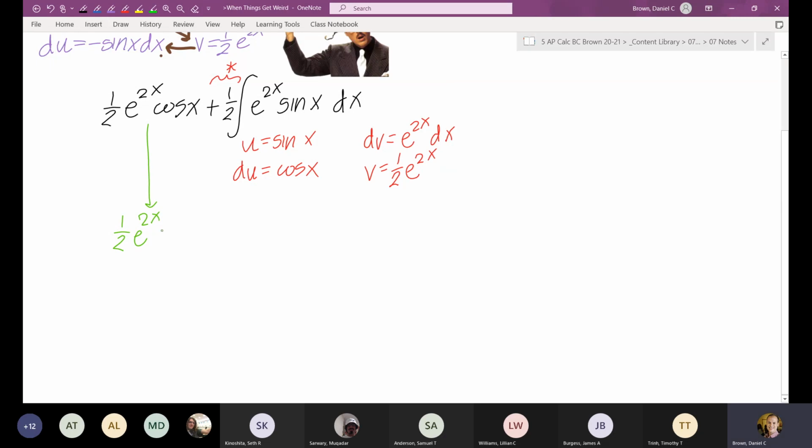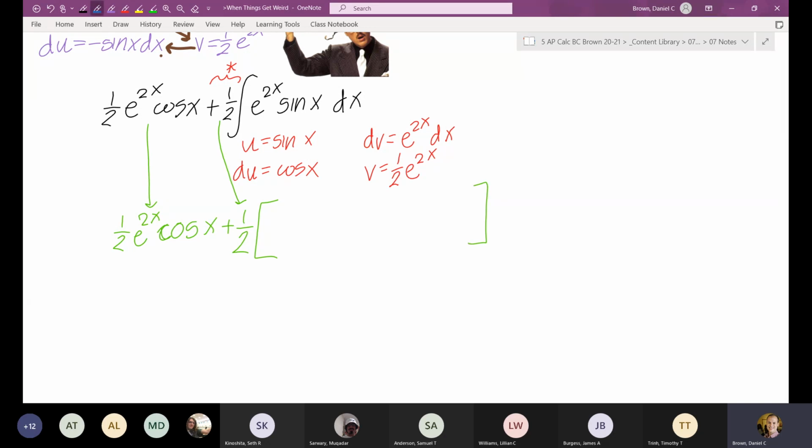So 1/2 e to the 2x cosine of x, plus 1/2 is going to have to come down. And I'm going to be careful because I'm doing integration by parts on this integral, so I am going to put it in brackets.